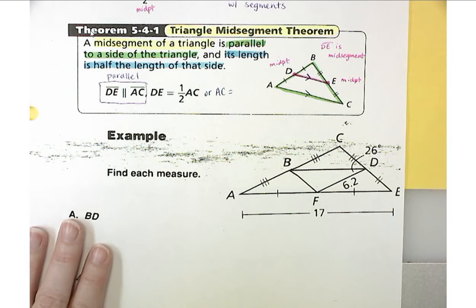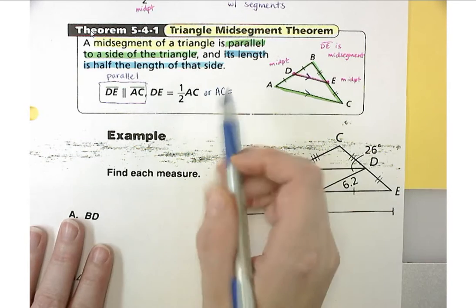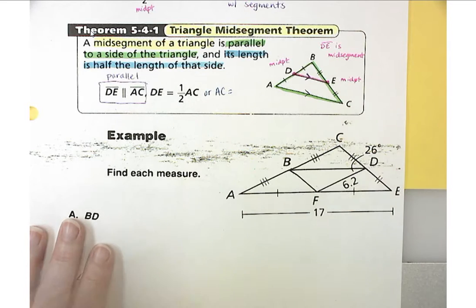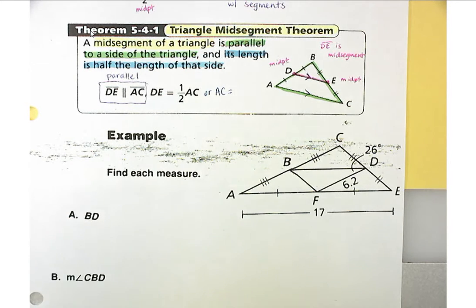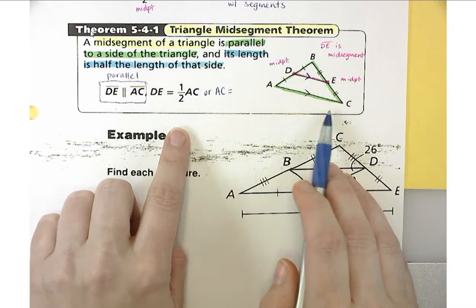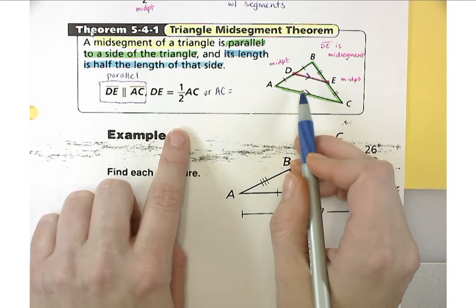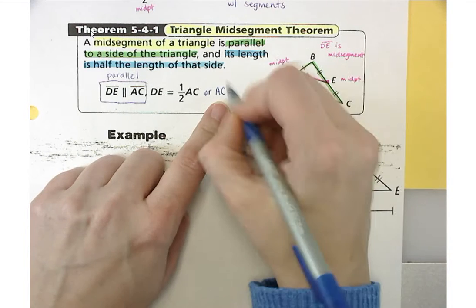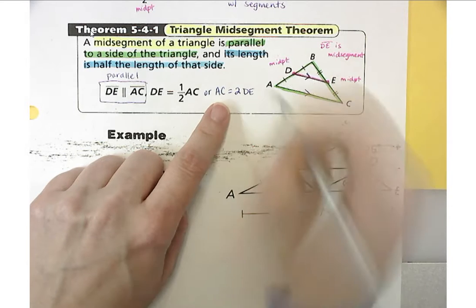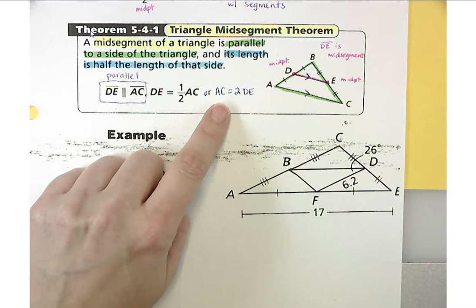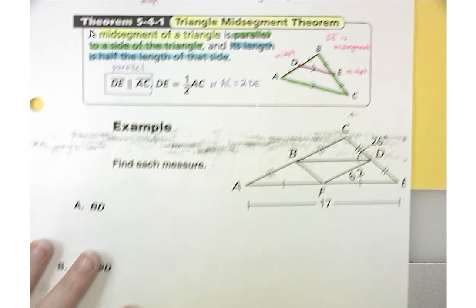If DE was 5, what would AC be? 10. How did you do it? You doubled it. So you can go the opposite way. You can think of DE as half of AC, or you can think of AC as double what DE is. Either way you can think of it.